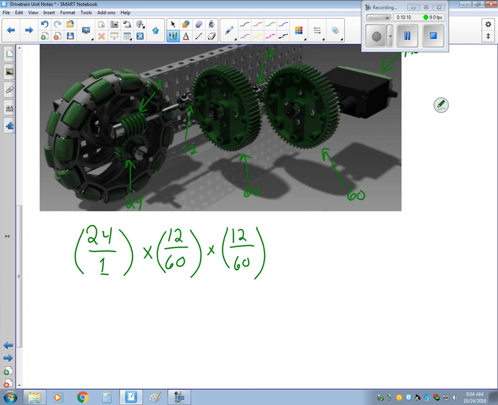And this is a compound gear train. When you plug those numbers in, you get a mechanical advantage for this system of 0.96. So this system is actually designed for speed and not torque. However, you would not be able to spin the tire in this system. There'd be too much friction between the worm wheel and the worm gear.